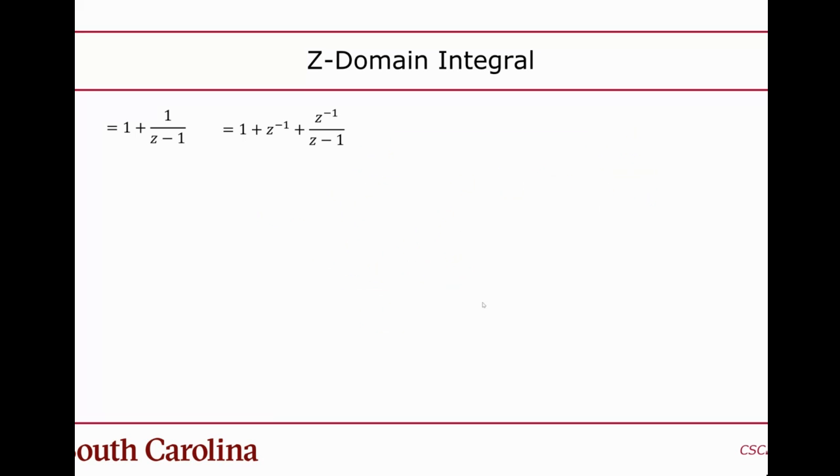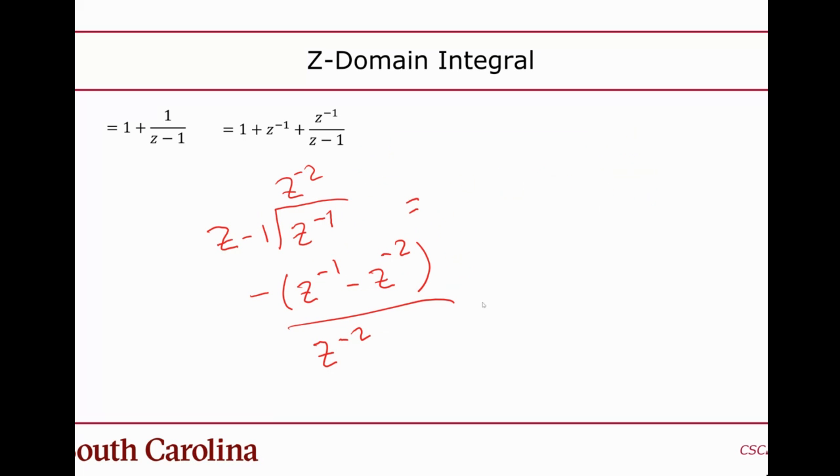And then you can repeat this again. z minus 1 divided by z to the negative first power. I work this out in long division, so I would put z to the negative second power on the top of the divider bar, and then multiply that against my divisor. That would give me z to the negative first minus z to the negative second, and I would subtract that, and I would get a remainder of z to the minus second power.